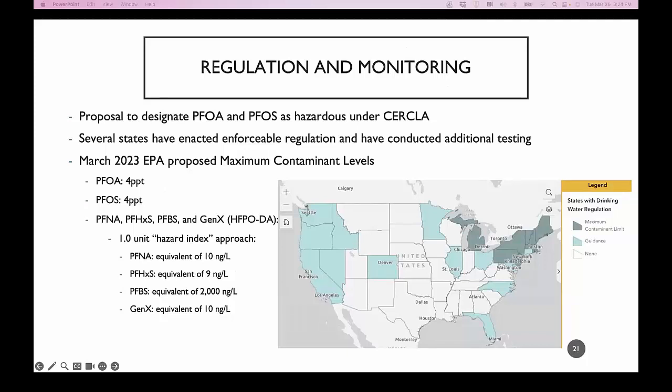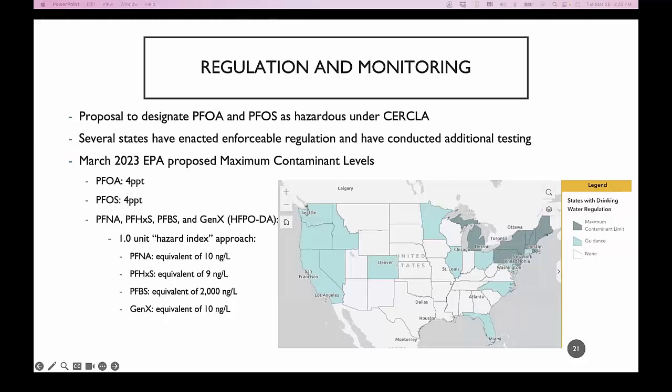We also see some proposals to add certain PFAS to RCRA. We have proposals underway to create regulatory drinking water levels for 6 PFAS listed here. Those proposals came out last March, and we're still waiting for the finalization of those drinking water proposals. But that would be very significant because at this point, there's no federally enforceable drinking water standard for any PFAS.